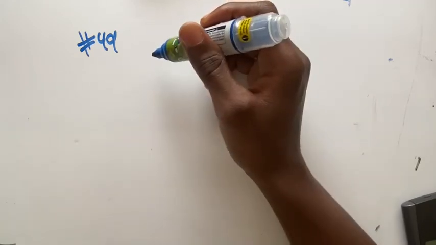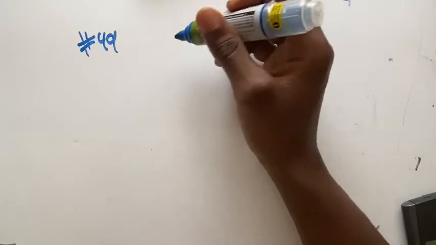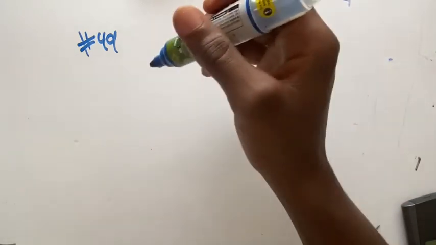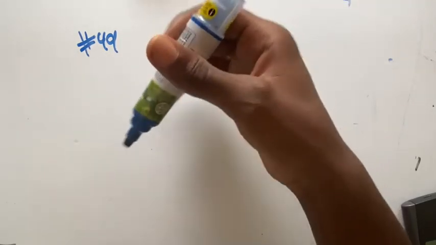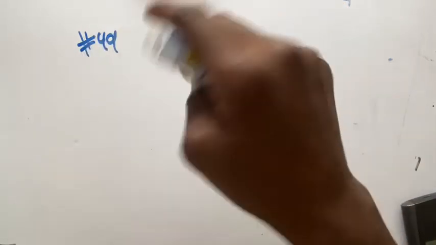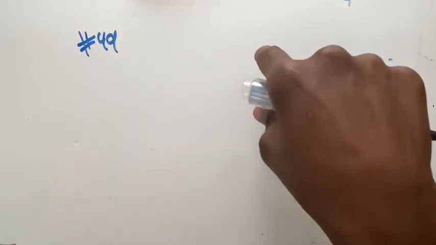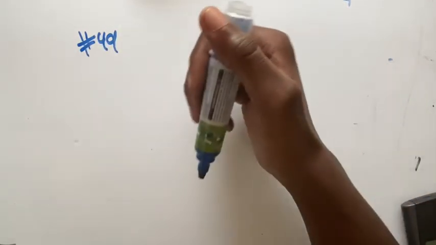Well, we know A is right because A is moving a magnet towards the wire, and that just goes into electromagnetic induction. So moving or changing the magnetic field induces a current, or vice versa, moving the wire near a magnet, that will also induce a current.